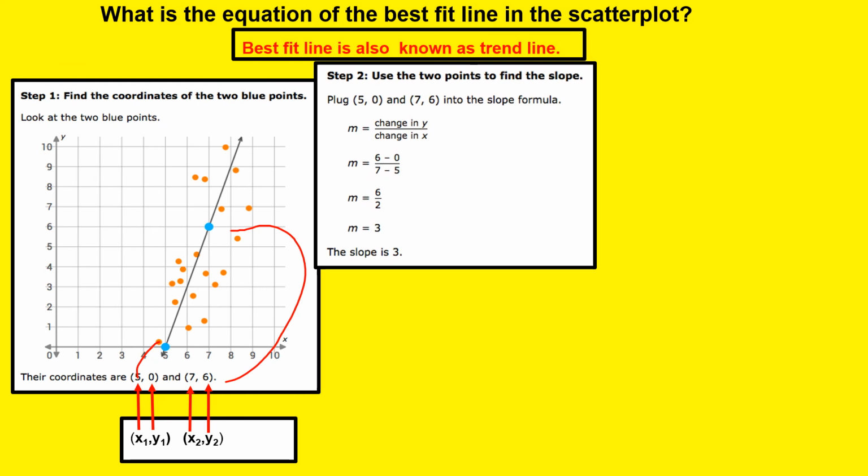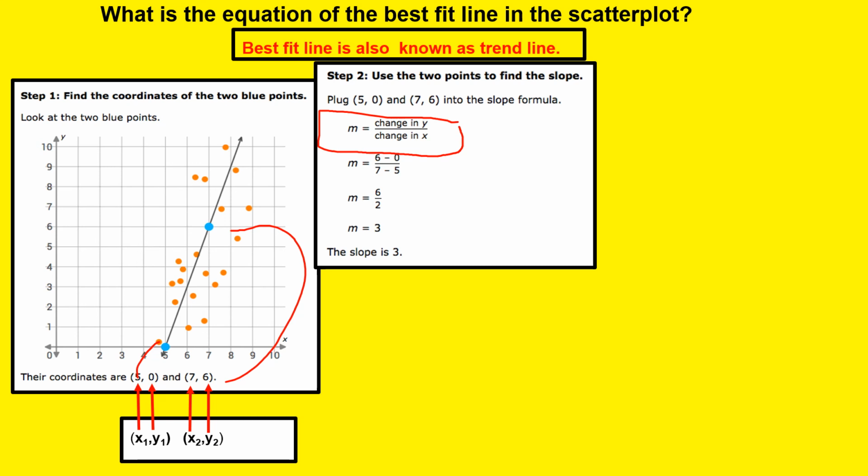Now we can use the 2 points to find the slope by using the slope formula. The slope formula says that m, which is what we use to represent the slope, is equal to the change in y divided by the change in x.